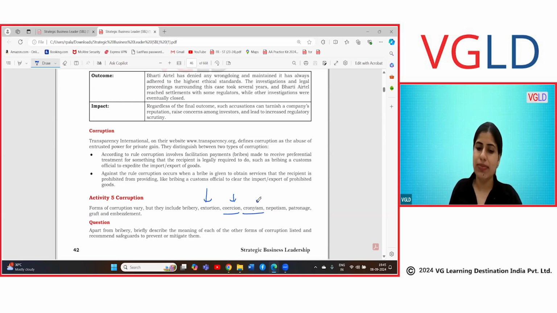What is cronyism? And this is very common in case of companies, political parties.